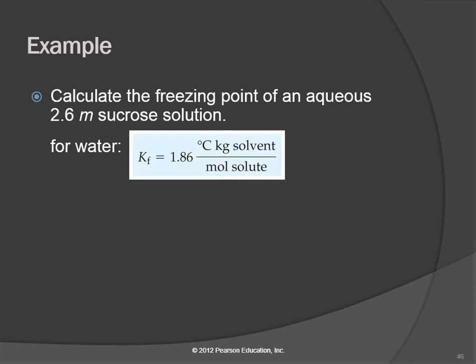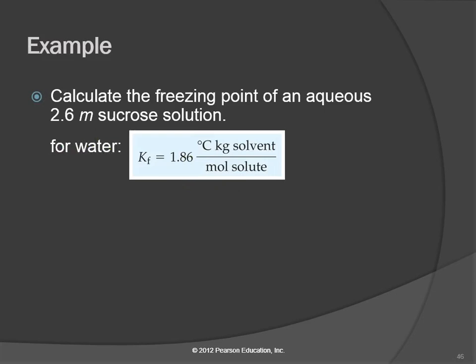Popsicles melt at a temperature lower than that because they've got sugar and other solutes in them. So if we have a 2.6 molal sucrose solution, here's the freezing point depression constant for water. It's got funky units, but that's okay. They're going to work out with the units of the molality.